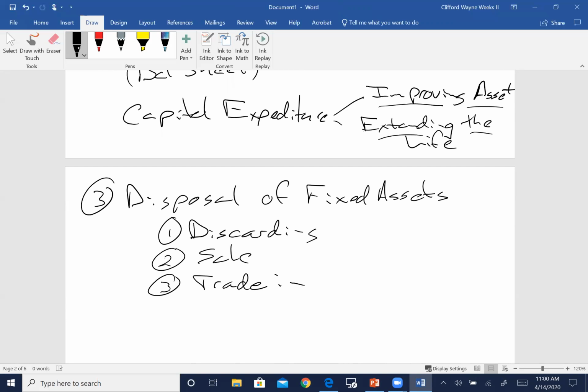Right, and so the big deal here, right, is comparing, okay, your book value, and again, book value would be cost, subtract accumulated depreciation, gives you book value, okay, compared to, or versus, okay, what you received.